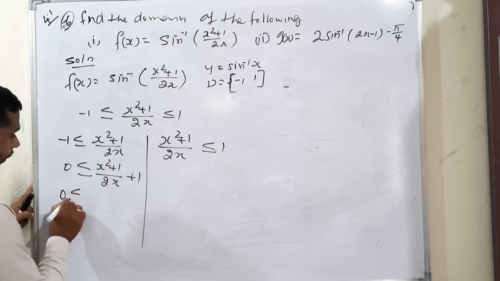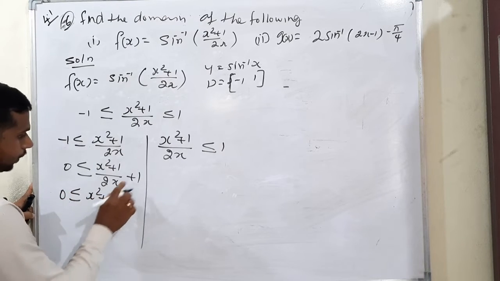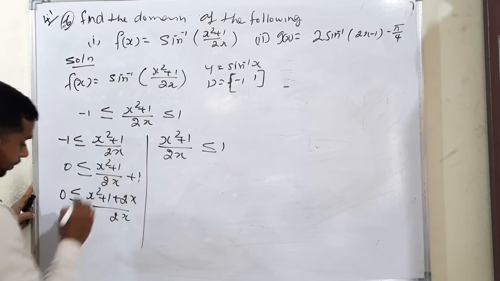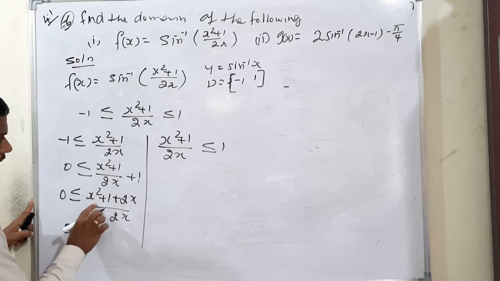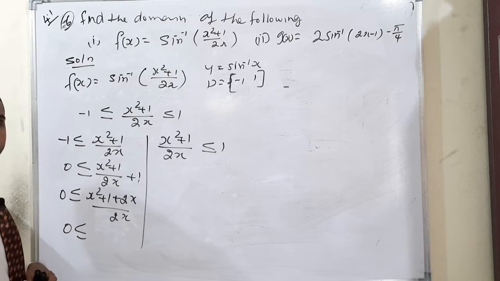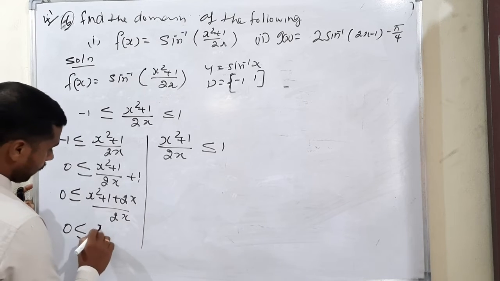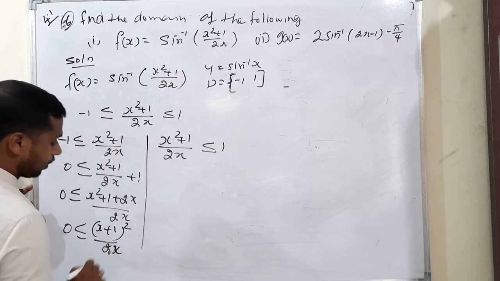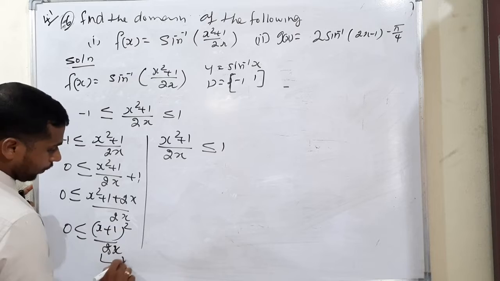Therefore 0 is less than or equal to x square plus 1 plus 2x divided by 2x, which is x plus 1 the whole square, a plus b the whole square form. What is the formula for a plus b the whole square? a square plus b square plus 2ab, isn't it? So we can write x plus 1 the whole square divided by 2x. This is considered equation number 1.